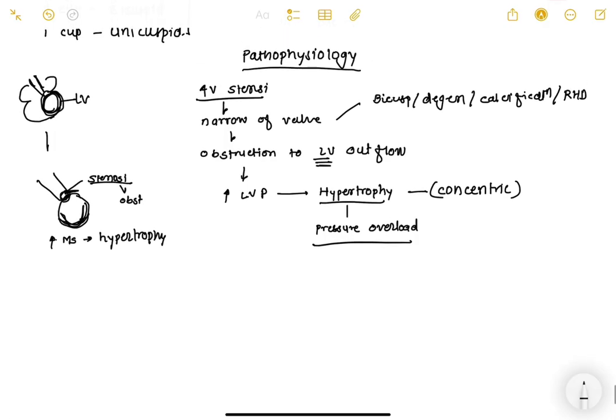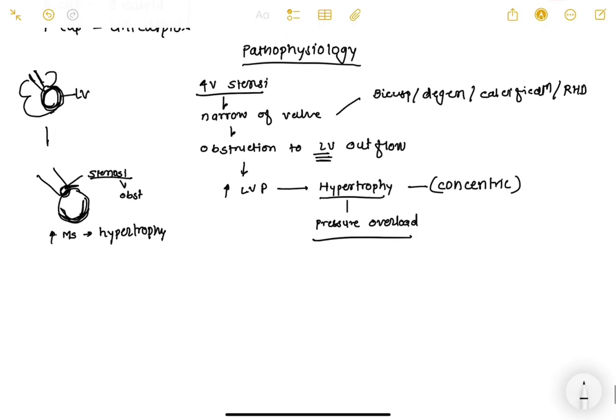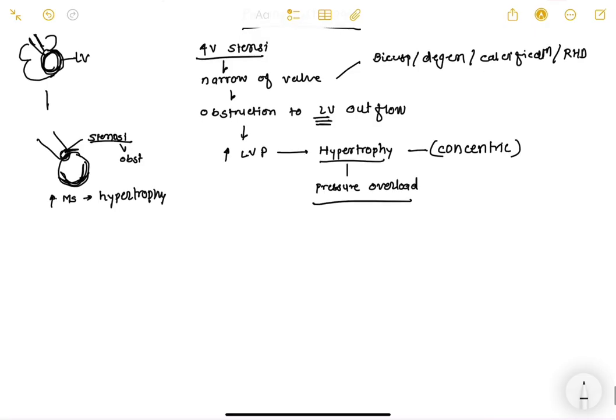Now, there is a pressure overload and hypertrophy. So what next step will happen? We will get decreased LV compliance. What do you mean by compliance? Compliance means the change in volume. Since it's a hypertrophy, there will be a lesser amount of blood received by the left ventricle.